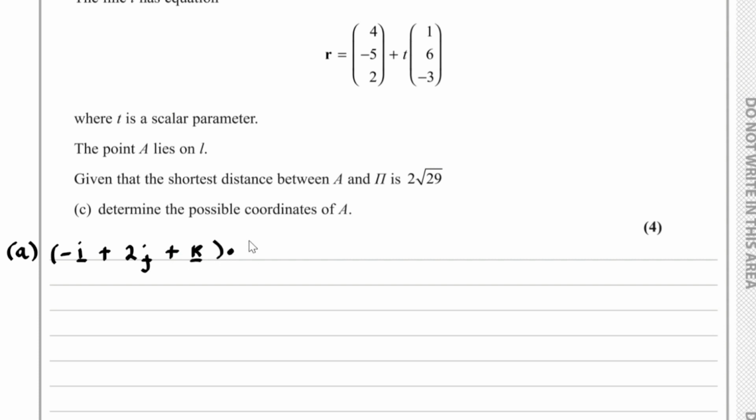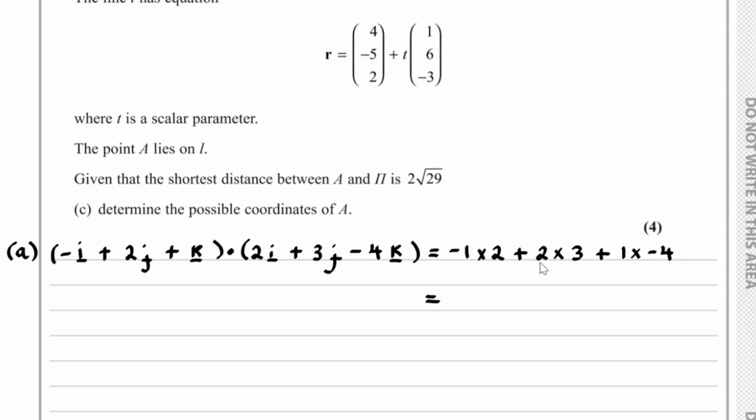If we take the dot product with this and 2i plus 3j minus 4k, we've got minus 1 times 2, 2 times 3, and then we have 1 times minus 4. So we've got minus 2 plus 6 minus 4, which is 0.